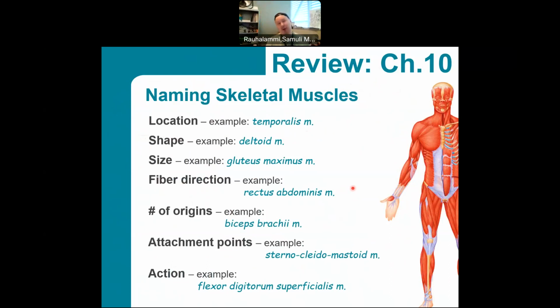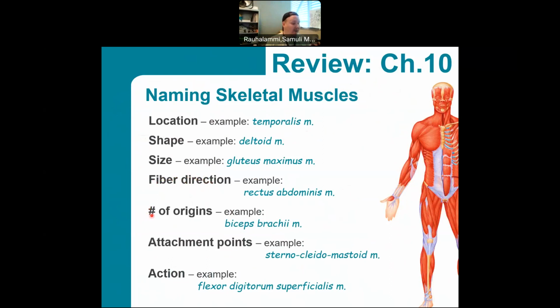We might also have muscles where we describe the fiber direction as transversus, so at a transverse angle relative to the muscle, or as oblique, which is at an angle that doesn't align with the three main body planes that we've learned in the past. So again, the name might give you a clue about the fiber direction of the particular muscle.